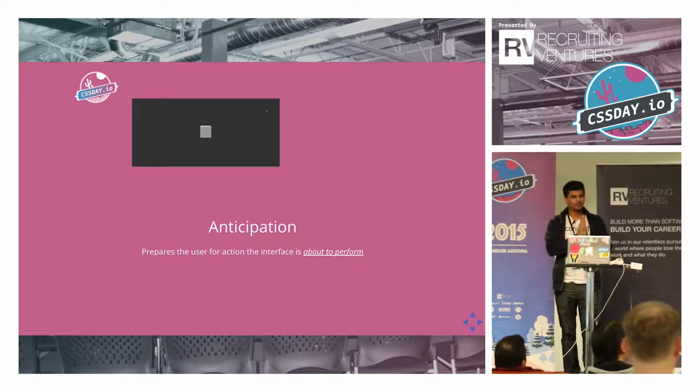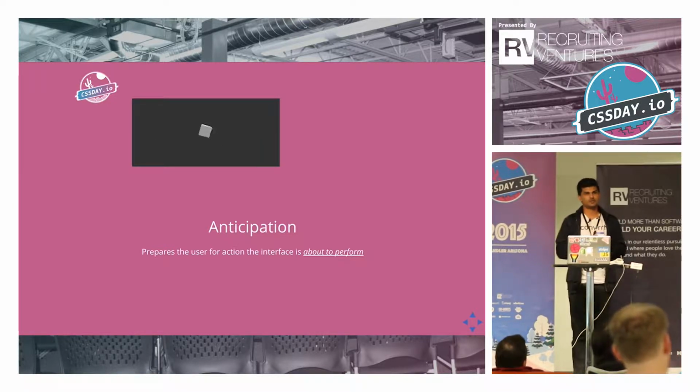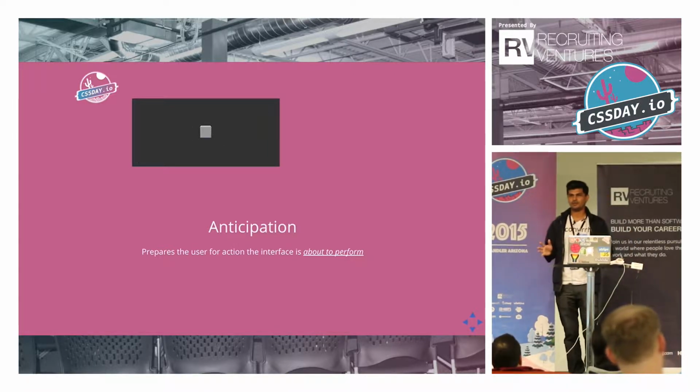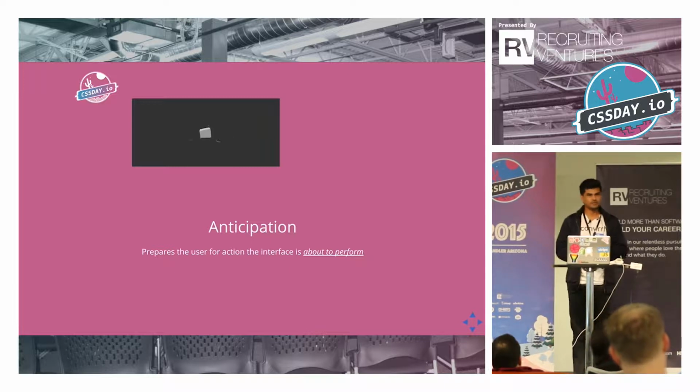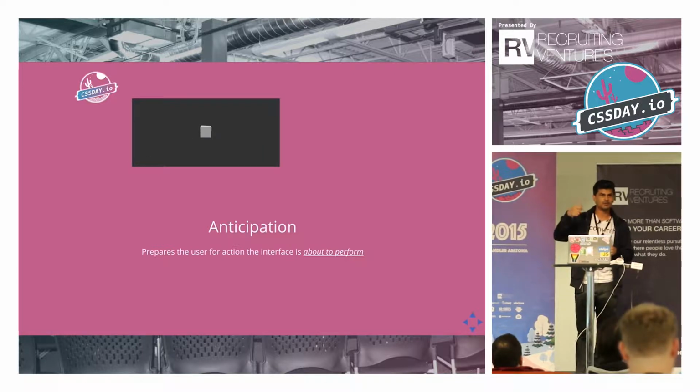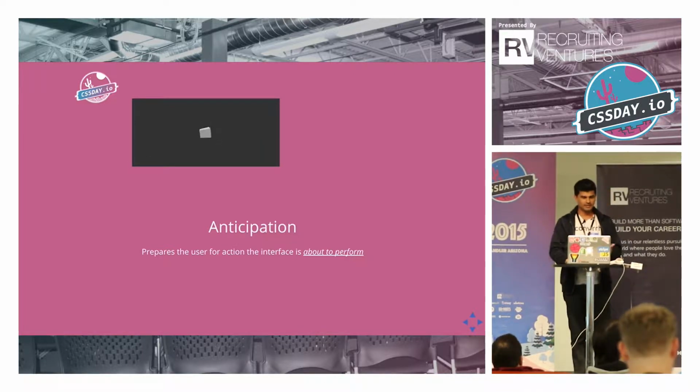anticipation. Pretty much, preparing a user for something that's about to happen, getting them ready. MailChimp does this really well, or used to do it. I haven't used MailChimp in a while, so there might be a different example, Snapchat maybe, that little bouncing rubbery ghost that jumps up and down when you refresh it. That's anticipation.